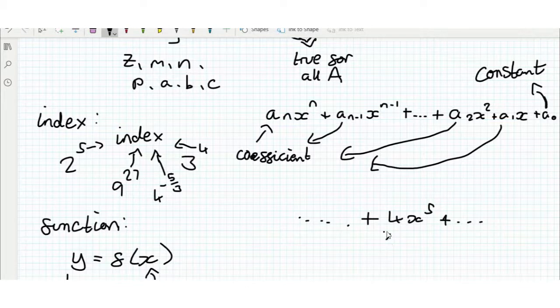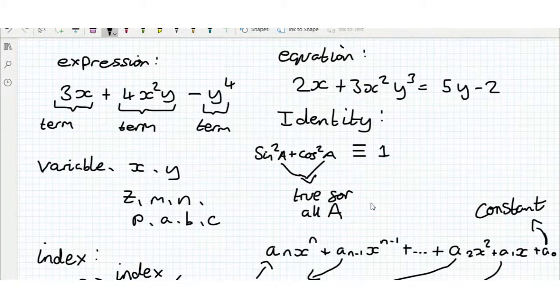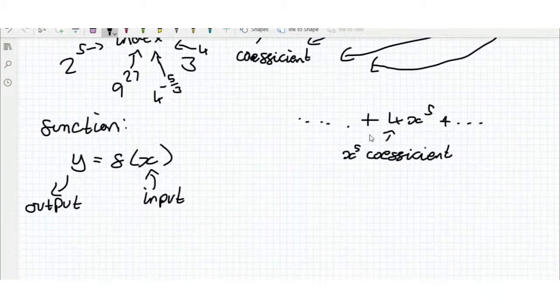Well, the x to the 5 coefficient is 4. So you can actually pick up quite a few marks just from remembering all these little definitions. They might ask you these individually, or you just might need to know it to be able to understand the question. That's it for this video.